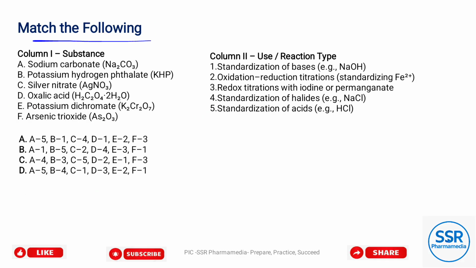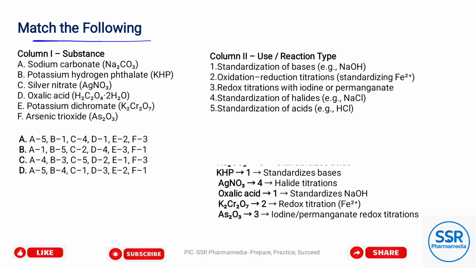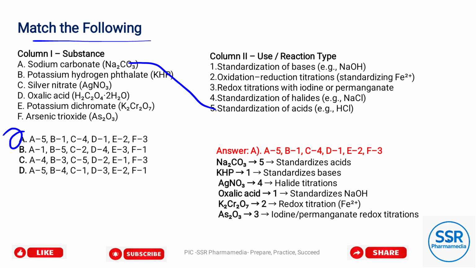Match the following. The answer is option A. Sodium bicarbonate is for the standardization of acids, potassium hydrogen phthalate is for the standardization of bases, and silver nitrate is for the standardization of halides.